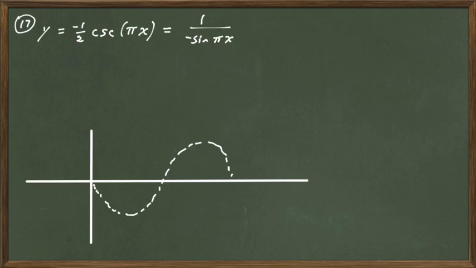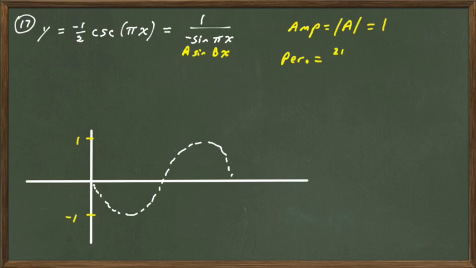Now remember, it's a sine bx. Amplitude is the absolute value of a. So in this case, the amplitude I believe to be 1. The period, because it's a sine, cosine, it's not a tangent basically. The period is 2 pi over b.